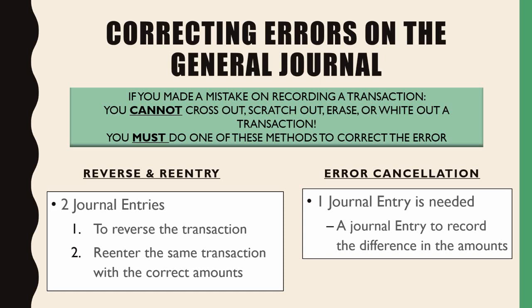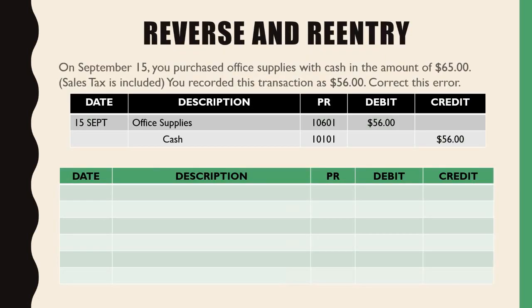Okay? So let's go ahead and dive into the first one, which is the reverse and re-entry method. So for instance, on September 15, you decided to purchase some office supplies with cash in the amount of $65, sales taxes included.